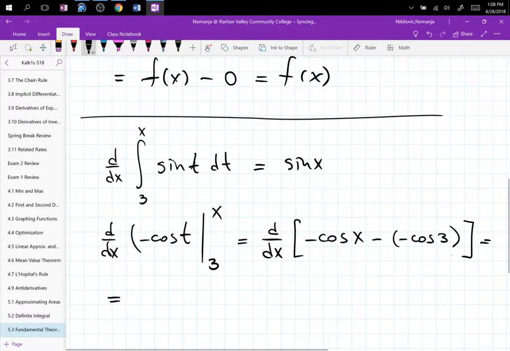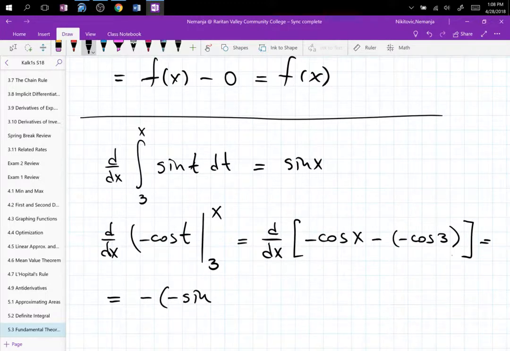The derivative of negative cosine is negative sine, because the derivative of cosine is negative sine. And I'll put plus 0 because minus and minus make a plus. Cosine of 3 is a number, and the derivative of a number is 0. So all I get is sine x.